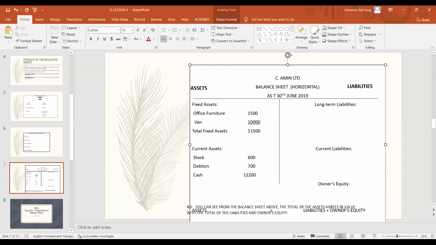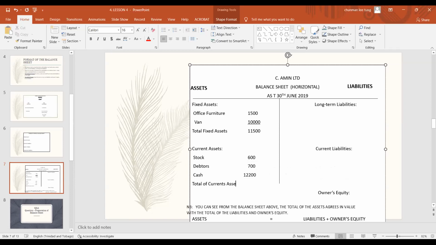When you have added all of your assets, that is your fixed assets and your current assets, the total would be $25,000 altogether. That is the $11,500 plus all of your current assets.